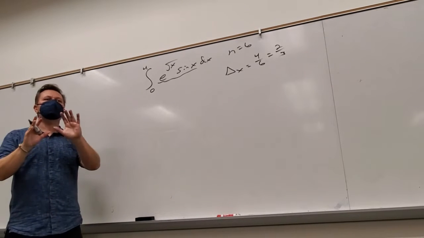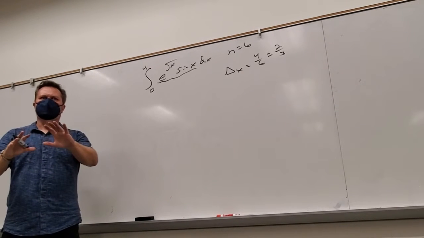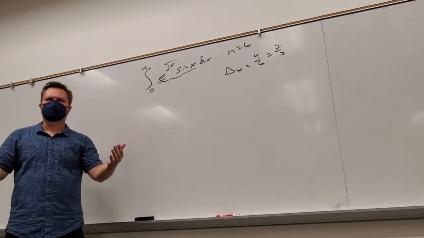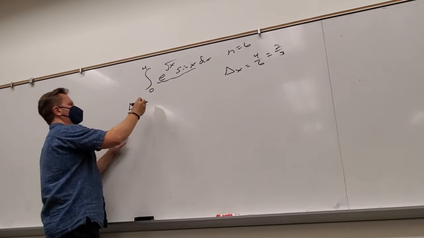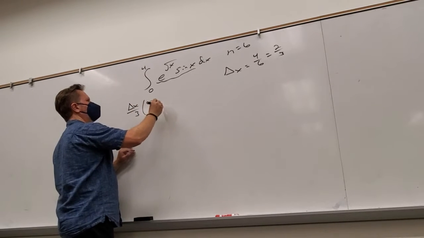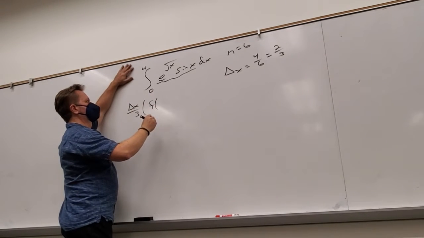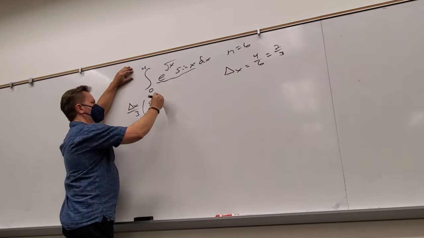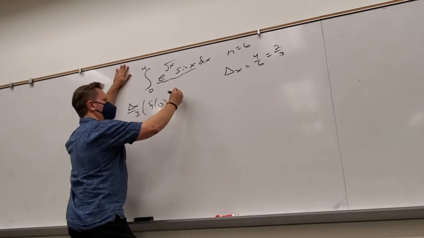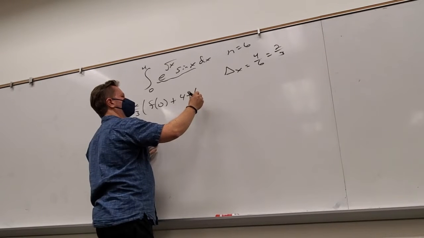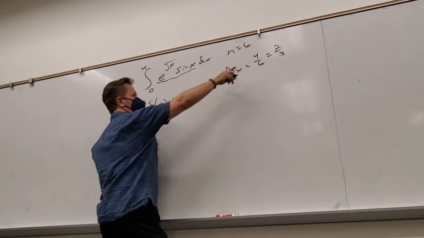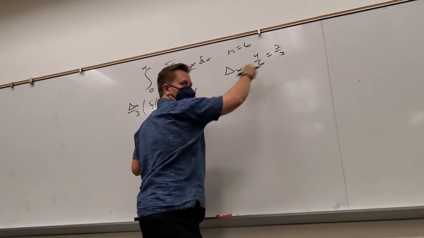Now all of this problem boils down to plugging in. Let's be a little more specific before you put it in the calculator. I need f of 0, plus 4 f of 2/3. Take a step.